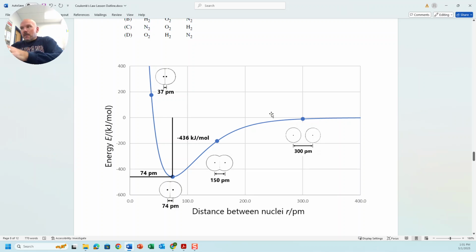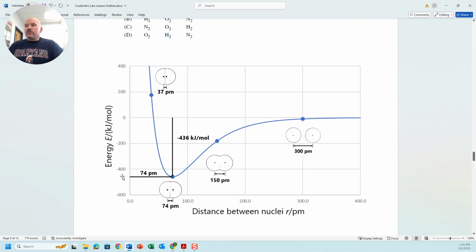And so the bottom of this well here, that's the sweet spot, right? That's maximizing the attraction and minimizing the repulsion between the nuclei. And right here, that's going to be my bond energy. And it's negative again because that's how much energy is released when the bond forms. And notice it's energy per mole of bond. It's not just one bond has that much energy.